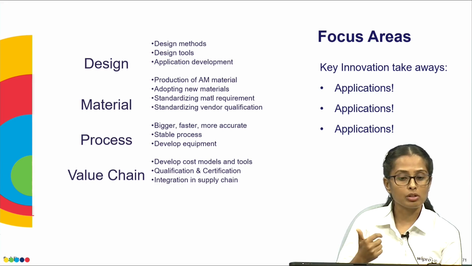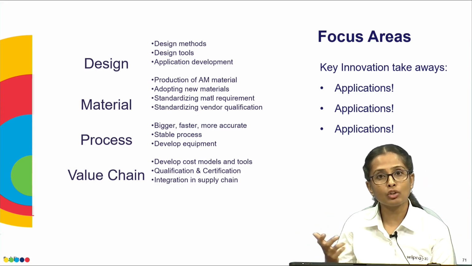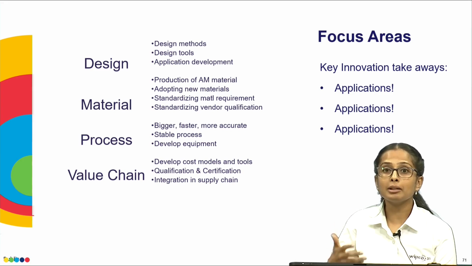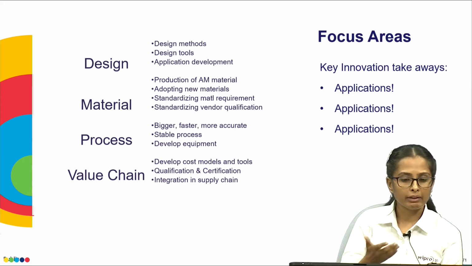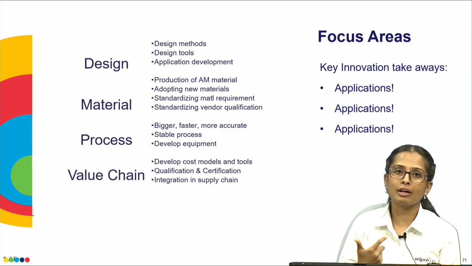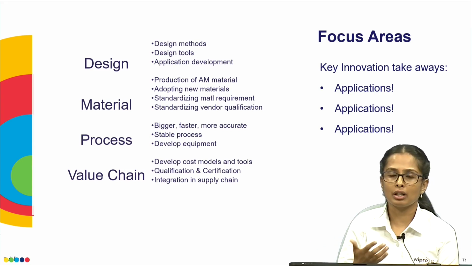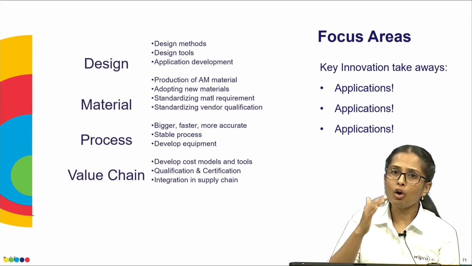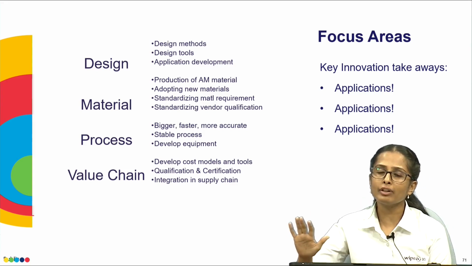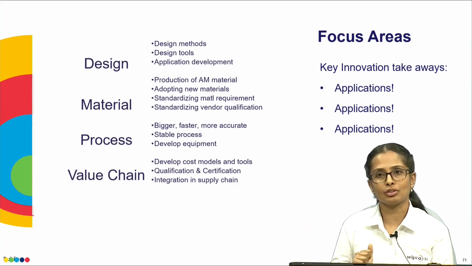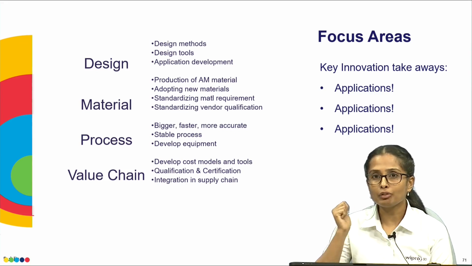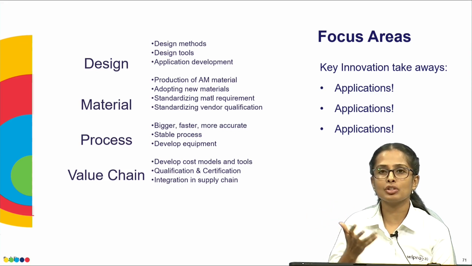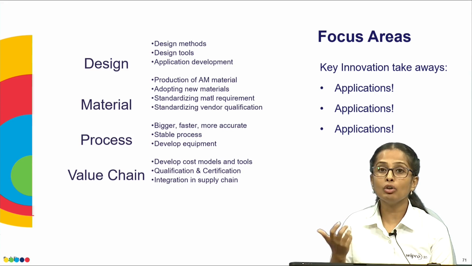Can we make the process bigger, faster and more accurate? Can we make the machines itself? And then we have the value chain where we have the qualification, certification and all of these things. So, when you look at all of that, I think all of them will be possible only when you have the right applications, right? We have to mine for these applications which are a good fit for AM.